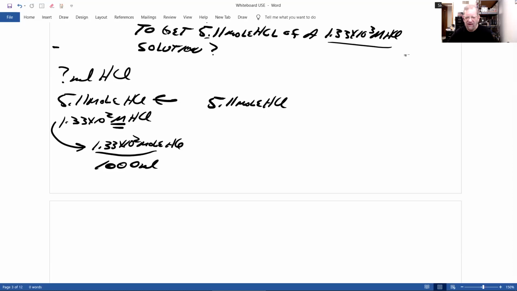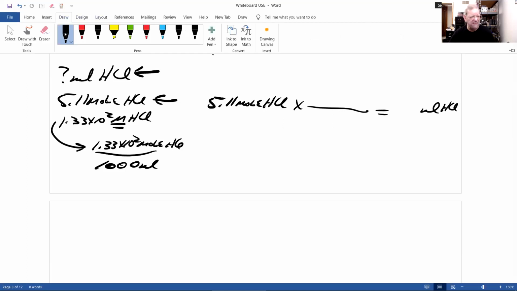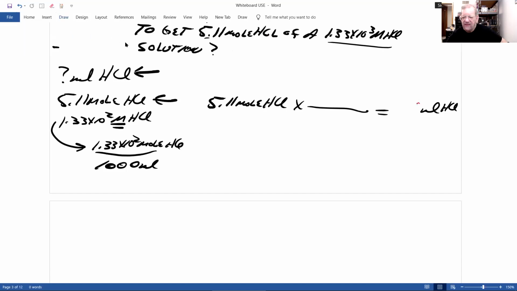And if I had a magic ratio, not magic, it's unit analysis, what units do I want my answer to be? We have this right here, milliliters of HCl. And now I'll use my good friend, unit analysis. And whatever I'm trying to get to goes on top of the ratio, and whatever I'm trying to get rid of goes underneath.